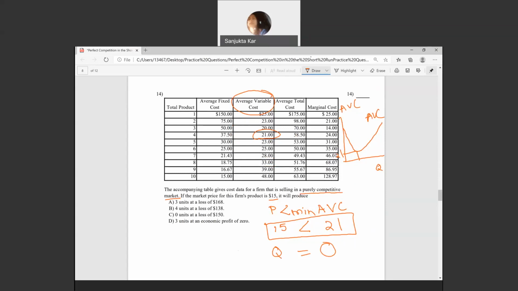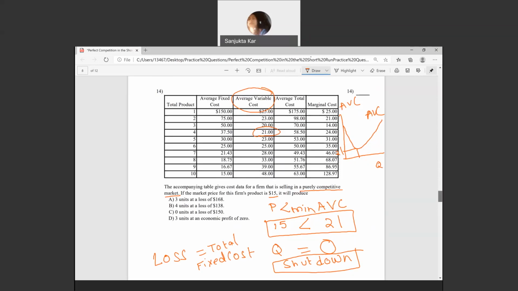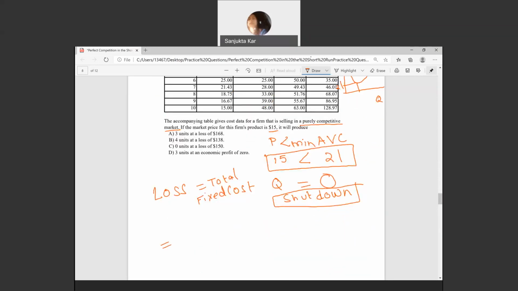So the farm is going to shut down, and if the farm shuts down, there will definitely be a loss, and the loss will be equal to the total fixed cost of production. How do we find the total fixed cost? Again, I'll just recommend all of you to look at the chapter on production and cost for these formulas.